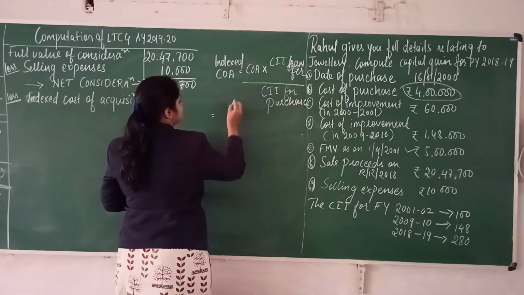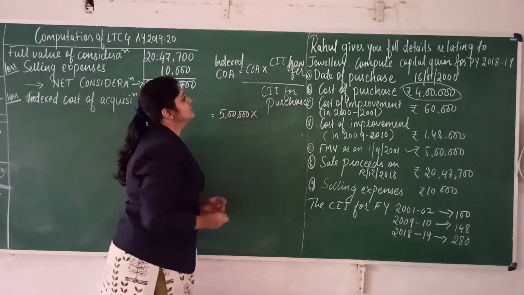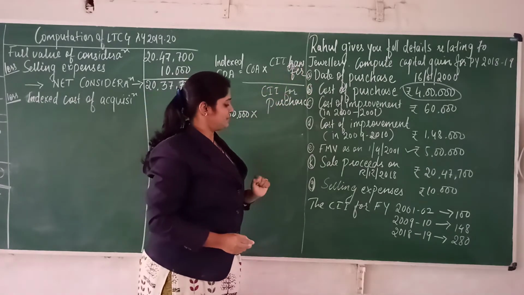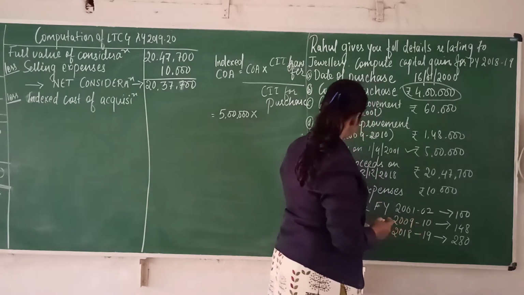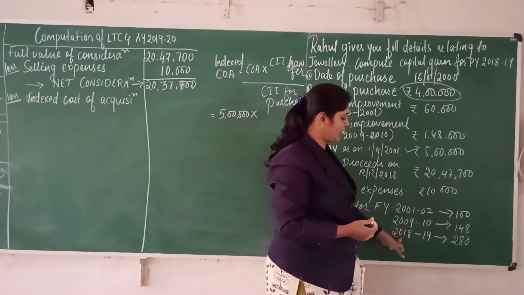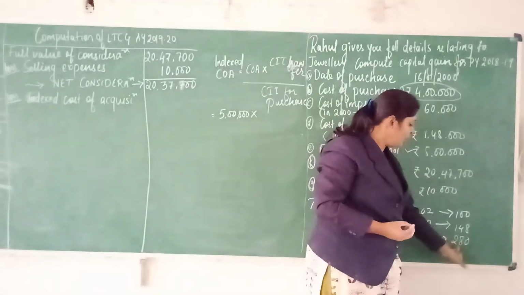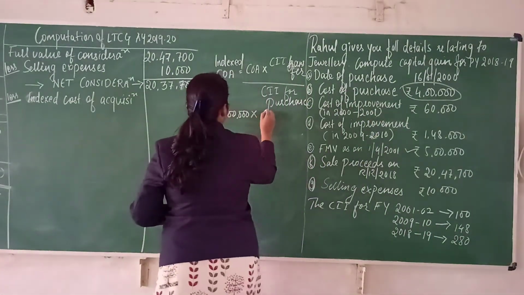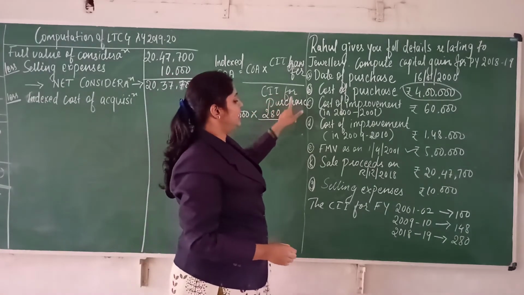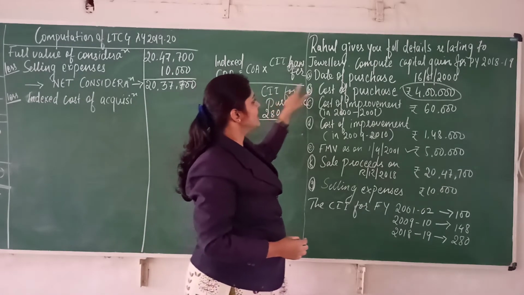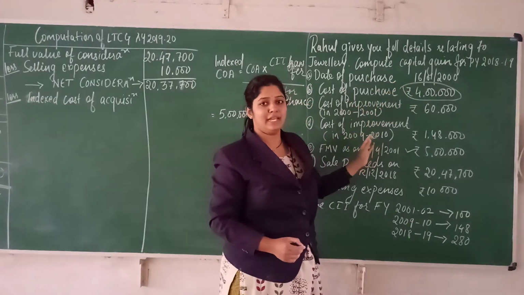So indexed cost of acquisition is equal to cost of acquisition 5 lakh into CII for the year of transfer. The capital asset is transferred in the previous year 2018-19. What is the CII during year 18-19 given in the sum? 280. 5 lakh into 280 upon CII for the year of purchase. When is the asset purchased? 1/4/2000. For year 1/4/2000 we don't have any indexation.